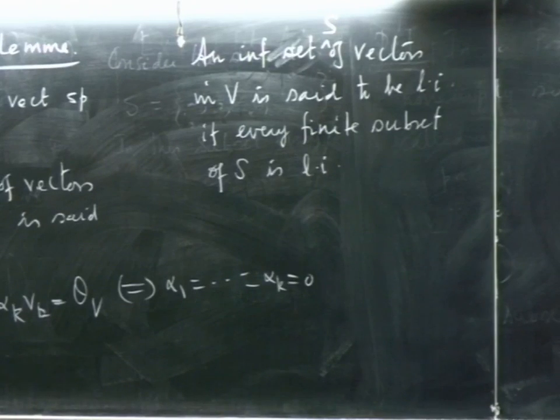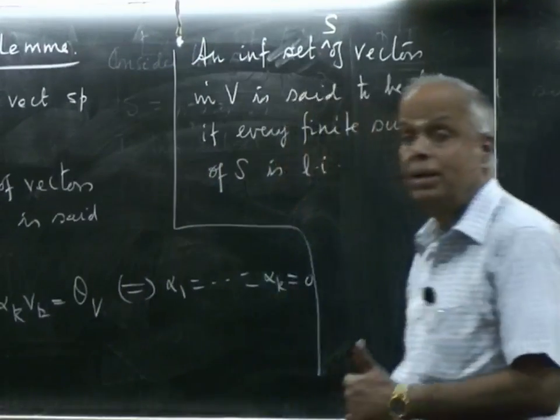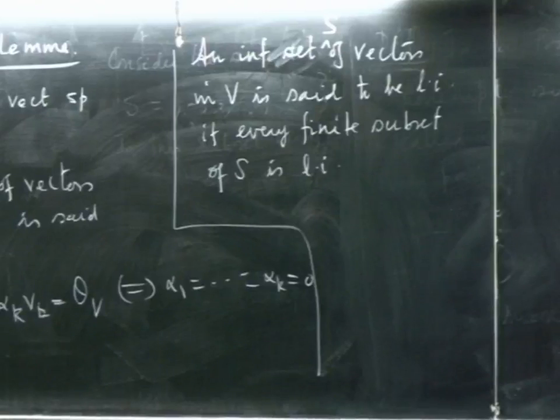Now that definition subsumes the finite case also, because a finite set is linearly independent if every subset is also linearly independent. That is the definition of an infinite linearly independent set.